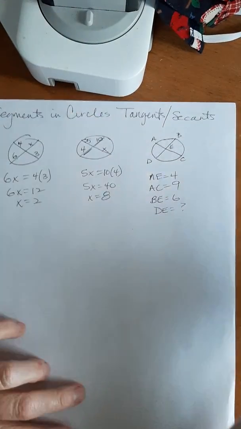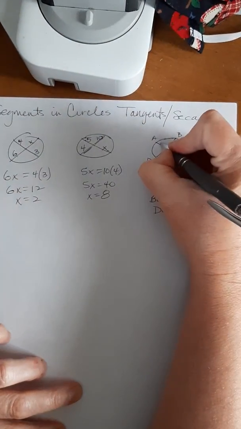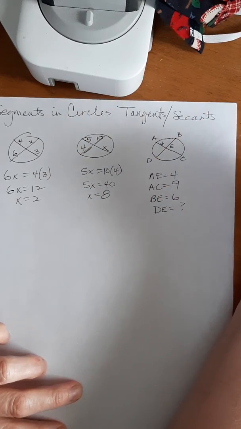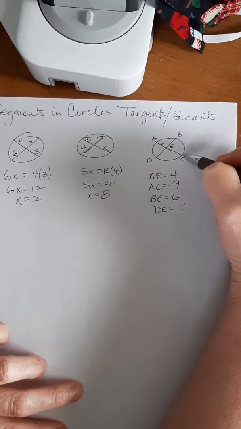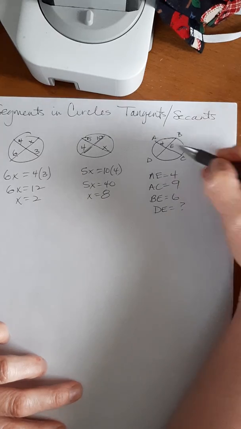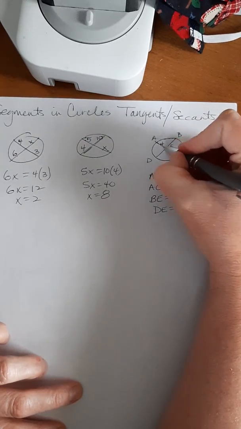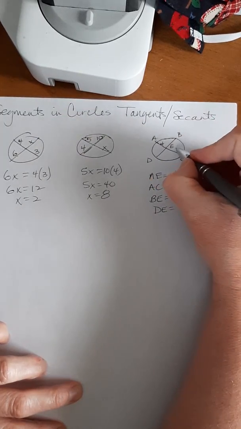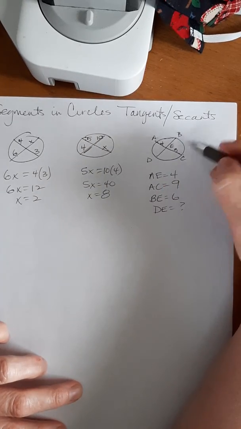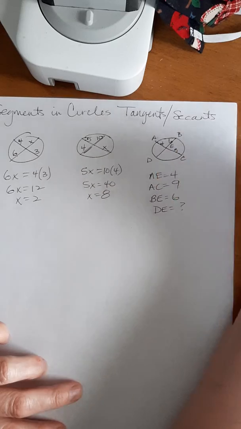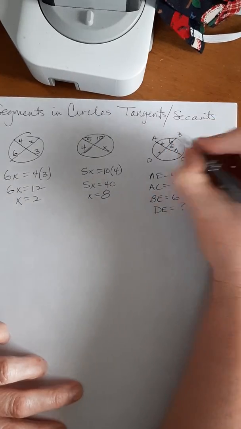I know you're like, well, it looks the same, we just have to draw on it. Well, AE is 4, AC is 9. If the whole thing is 9 and that's 4, then this piece, yep, you got it. You got to subtract, 5. BE is 6. ED is what we're looking for.